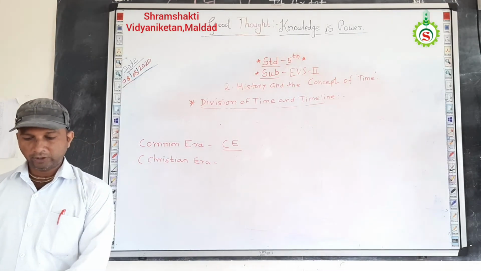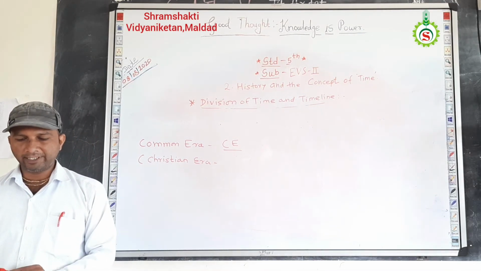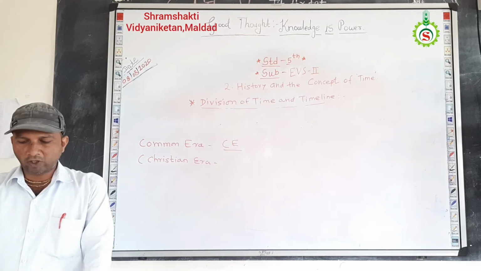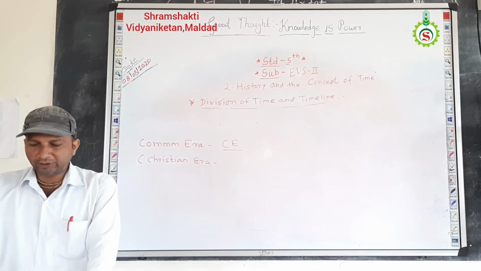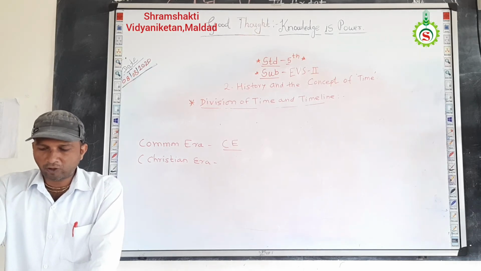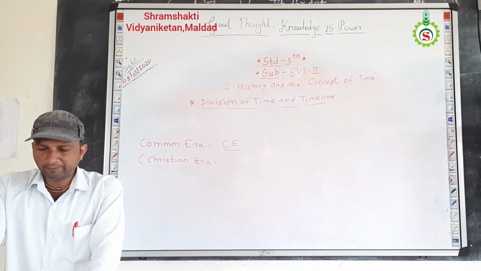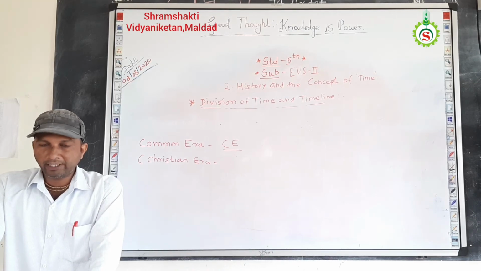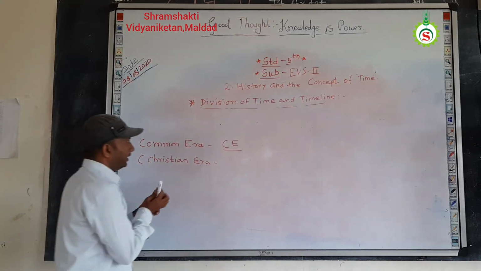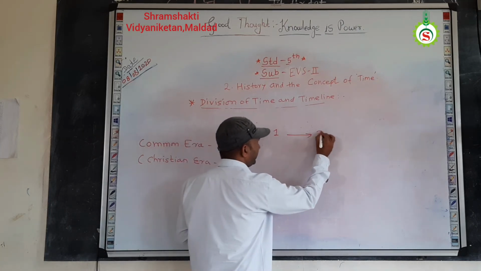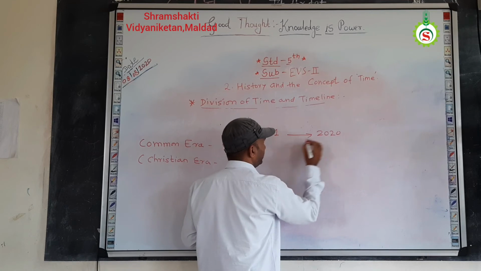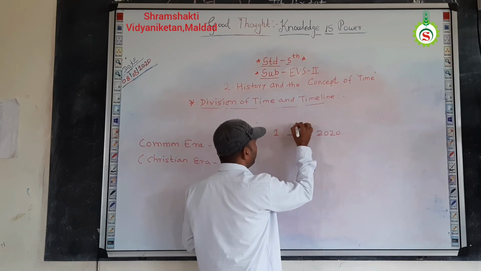So in the unilinear division of time, years that follow one after the other are arranged in serial order. In history books also, a chain of events that follow one after the other is presented in a linear or serial manner. So from the year 1 up to the present, 2020, it is the period of Christian era or common era.